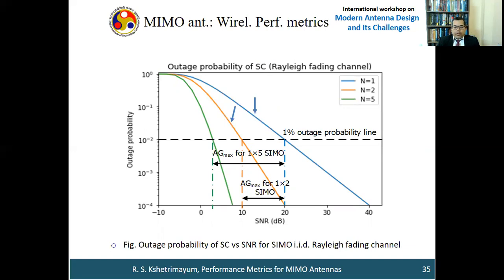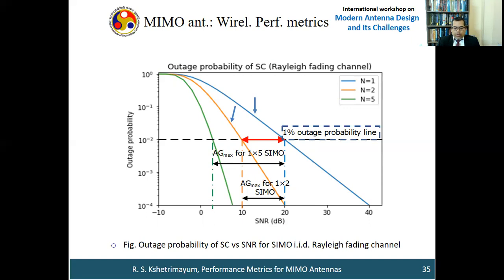So this 1% outage probability line is actually cutting the outage probability curve for the SISO system and the 1x2 MIMO system at different points. Let us look at the SNR required for the 1% outage probability for the SISO system and the 1x2 MIMO system.